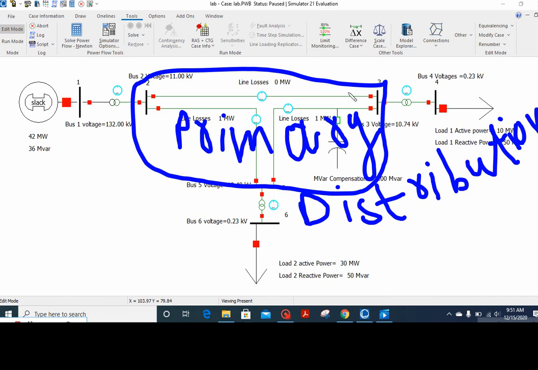As we know, our primary distribution voltage level is 11 kV. That's why in this whole circuit, from bus number 2 to bus number 3, and bus number 5, we will be having 11 kV. Okay.